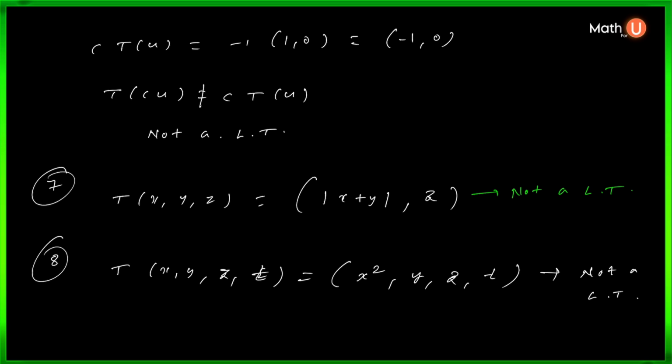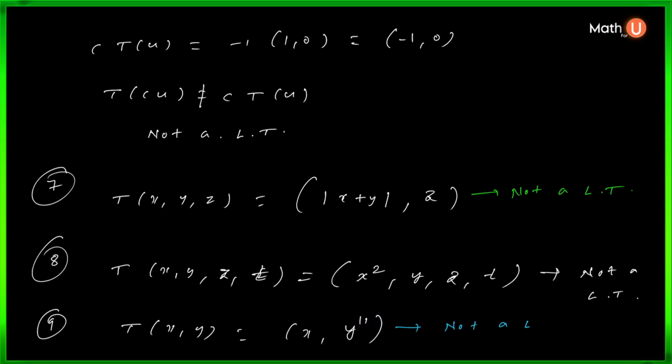Next, the ninth one is T of (x, y) is equal to (x, y raised to the power of 11). It is also not a linear transformation because if you observe, y contains a power here. It is not a linear transformation.